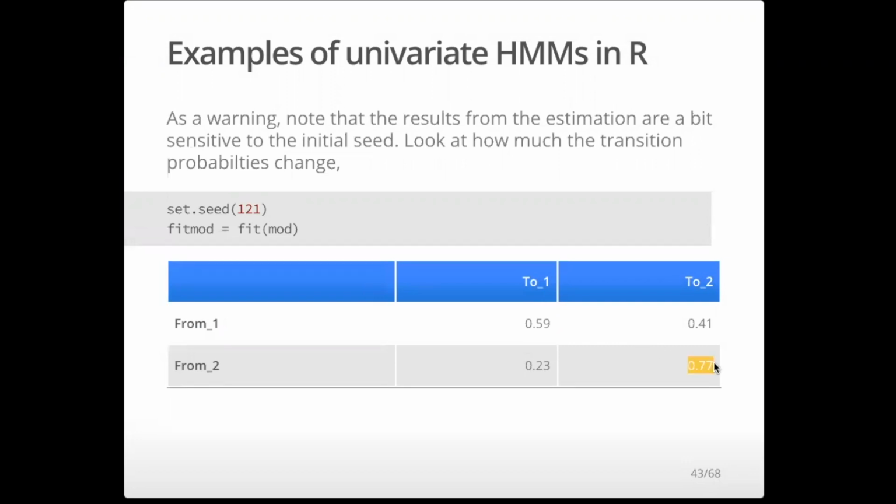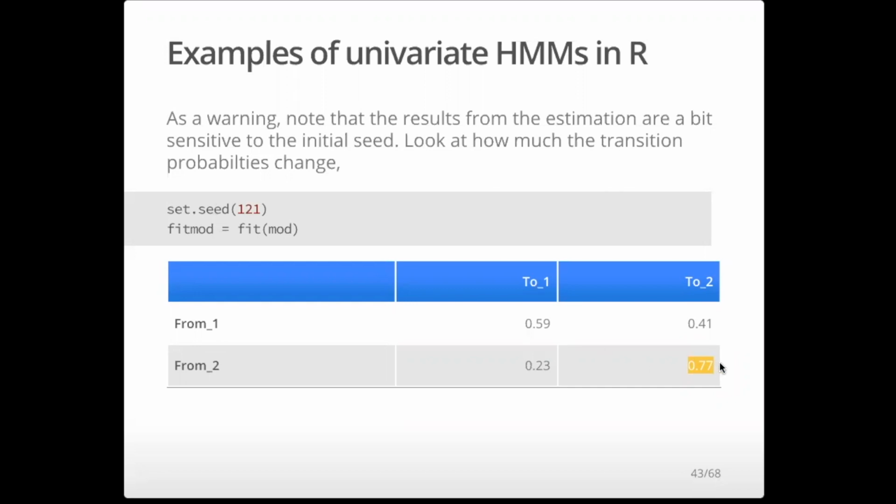This is just a weird thing to know about HMMs, that you can't necessarily specify whether state 1 corresponds to rain or whether state 1 corresponds to no rain. It's something you have to determine from output, and these results can be sensitive to how we initialize the model.